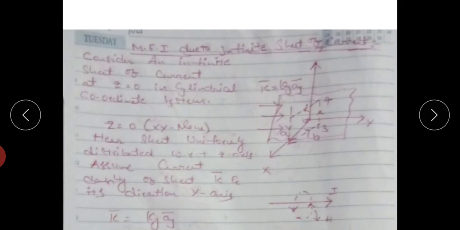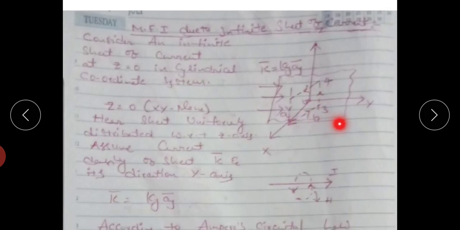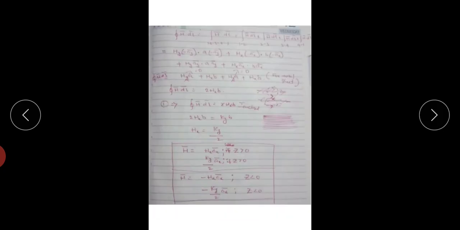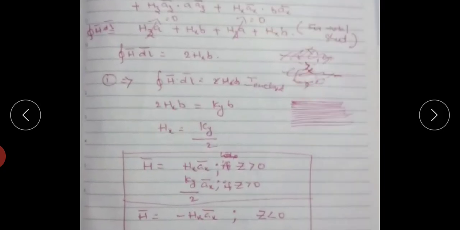So for 4 to 1, in the x axis direction, H bar equals Hx into ax bar. From 2 to 3, H bar equals Hx into minus ax bar, or H bar equals minus Hx into ax bar.